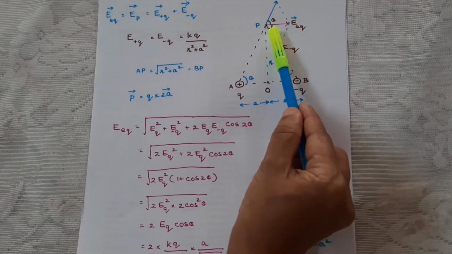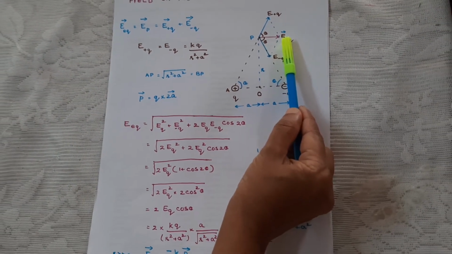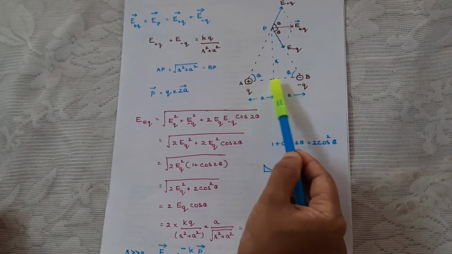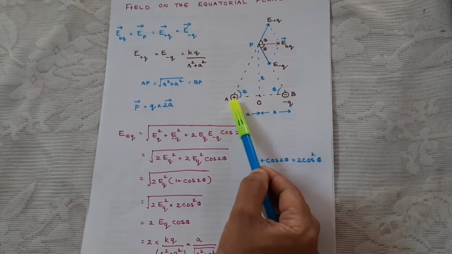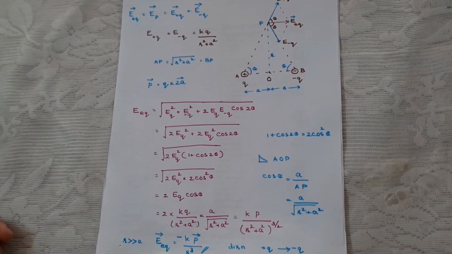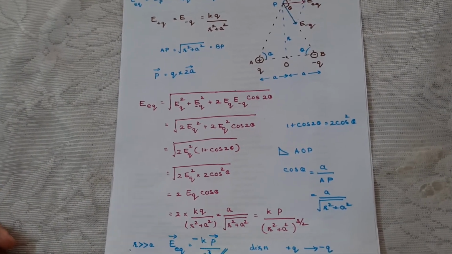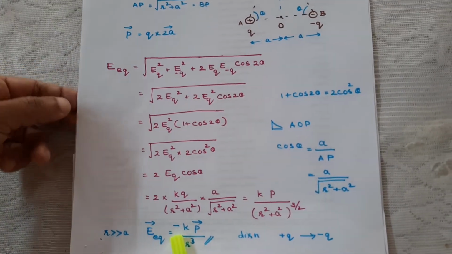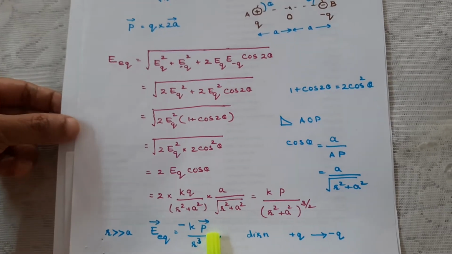But the direction of the electric field is opposite to the dipole moment, because the direction is from positive to negative, while the dipole moment is from negative to positive. So in vector form we can write E equatorial is equal to minus Kp by r cube. The negative sign shows that E equatorial is opposite to the dipole moment.